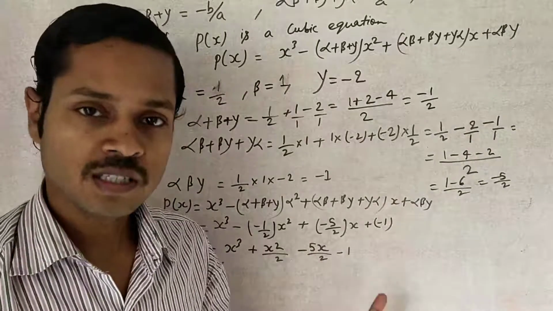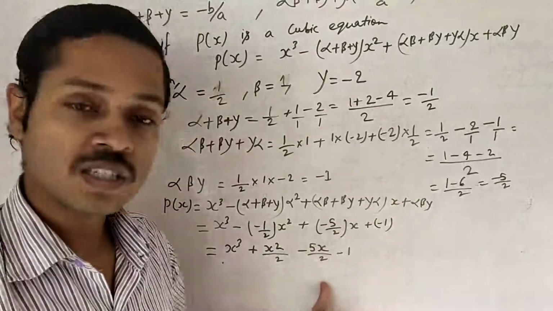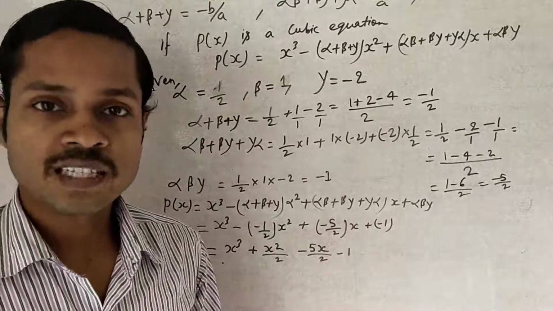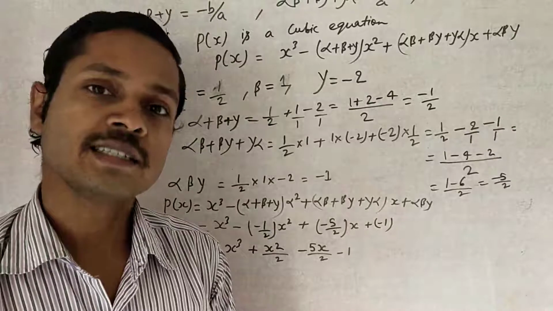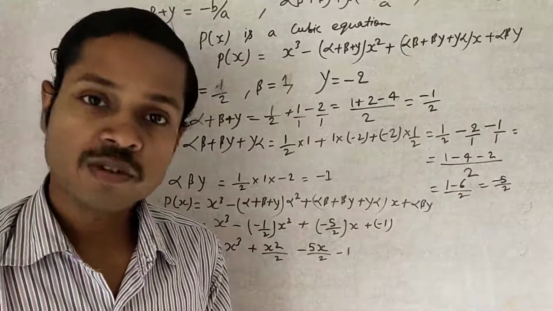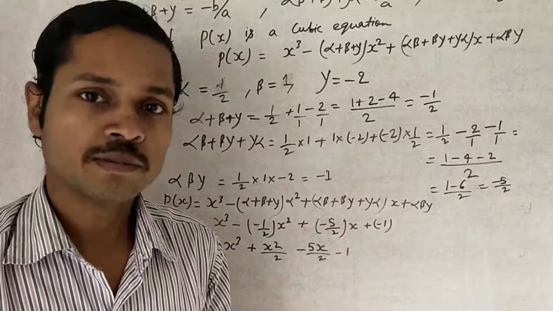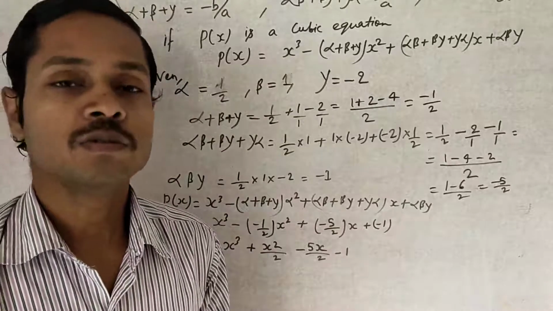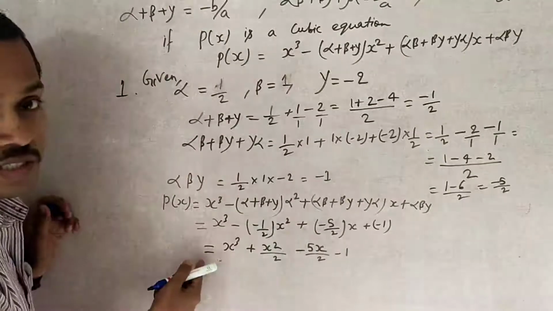When it is not in the normal form, then we don't have to take p(x) equal to 0. But when it is in the fractional form, then we will have to express it as equal to 0.